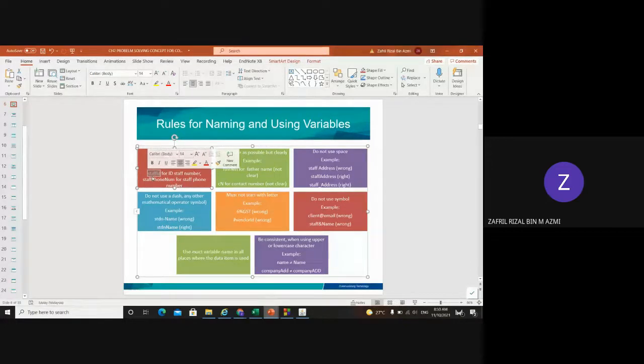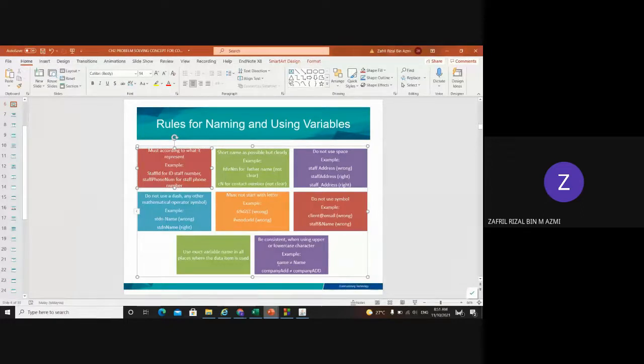But suddenly in the middle of your program you use a capital S, so it is also wrong. The program will detect two variables: first capital S, second small s. It will detect two different variables.